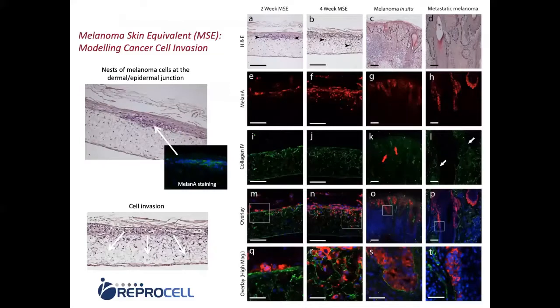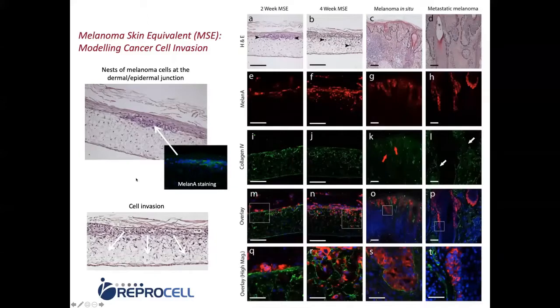Here's another example where you can develop, in this case, a disease model. So we have our skin system, full thickness model, where we've introduced melanoma cells, and these melanoma cells, at the interface of the epidermis and dermis, can then invade into the dermal compartment.